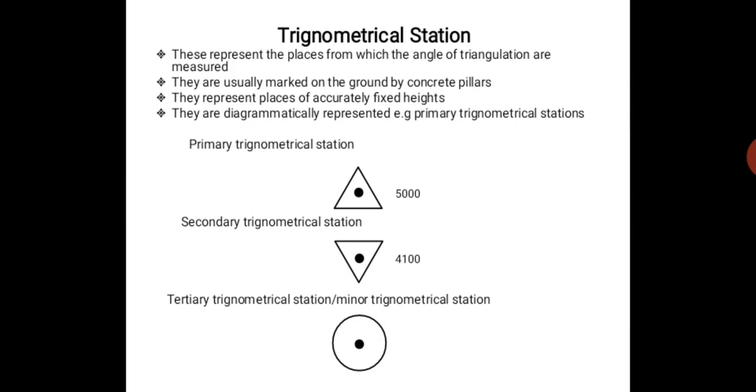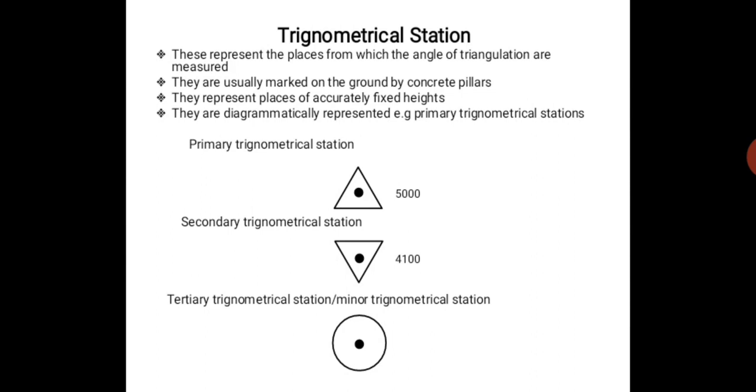They are usually marked on the ground by concrete pillars, just like in the case of spot heights. They represent places of accurately fixed height. That is, the height has been determined and is fixed.